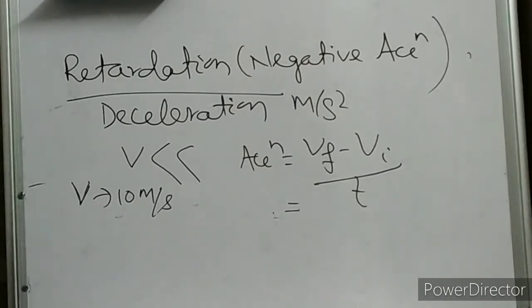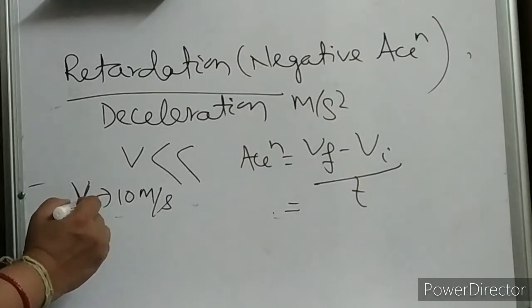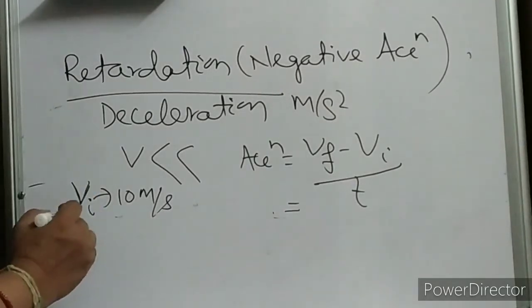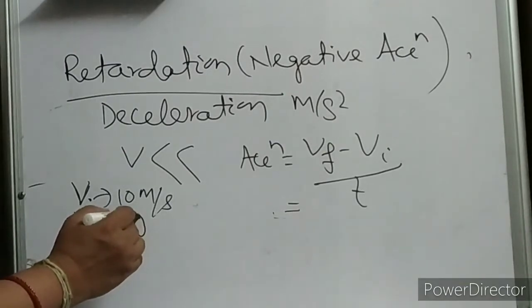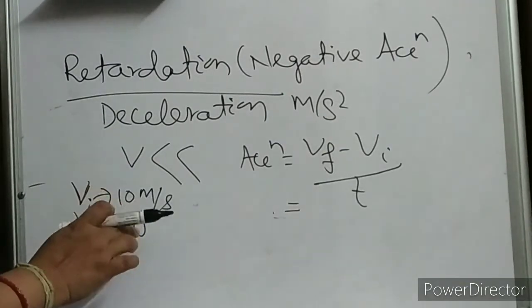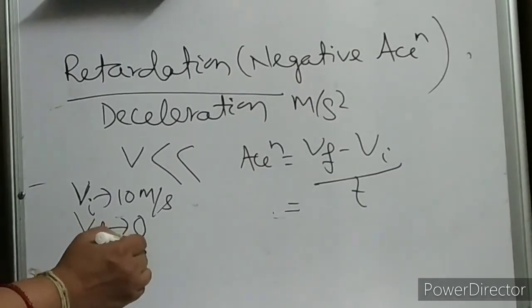Then obviously the car will come to rest. So this is your initial velocity Vi. What is your final velocity? It will come to rest, means velocity becomes 0. And to come to rest, it has taken the time, suppose 5 seconds.